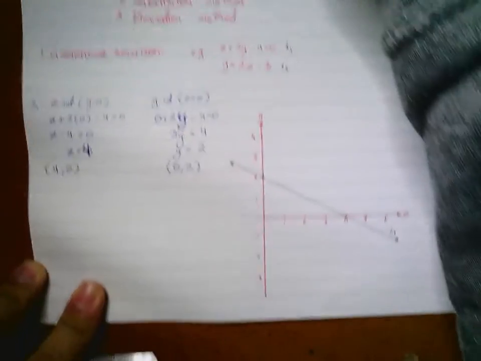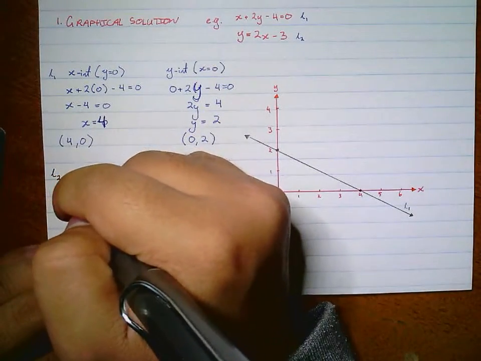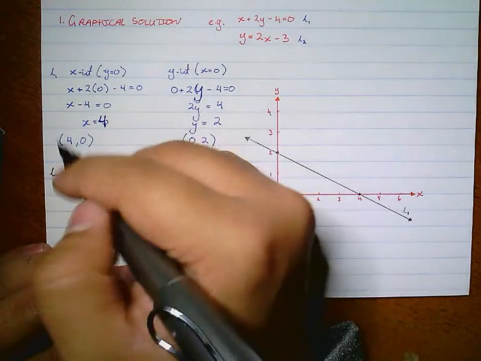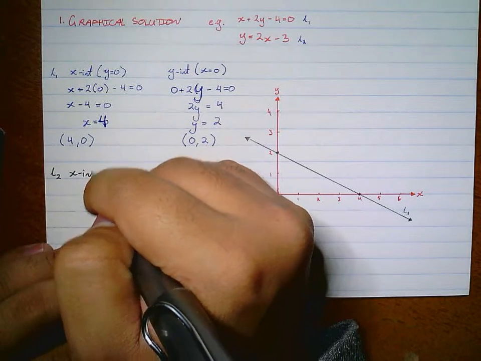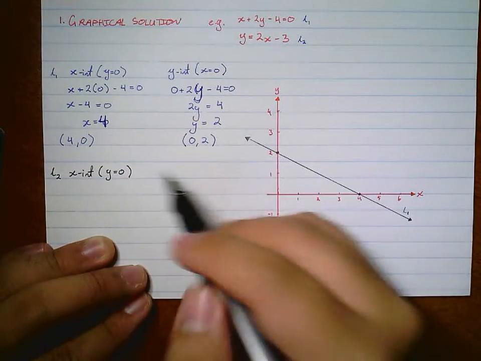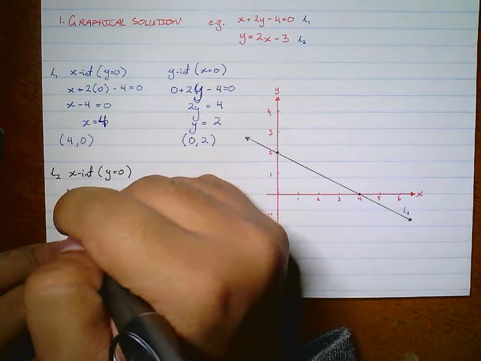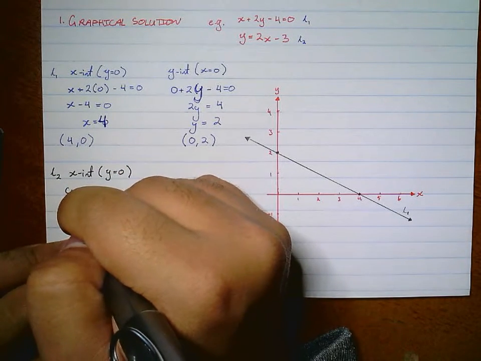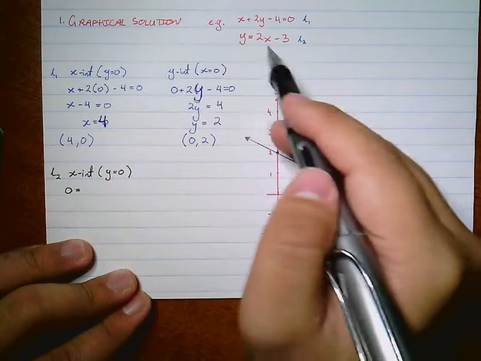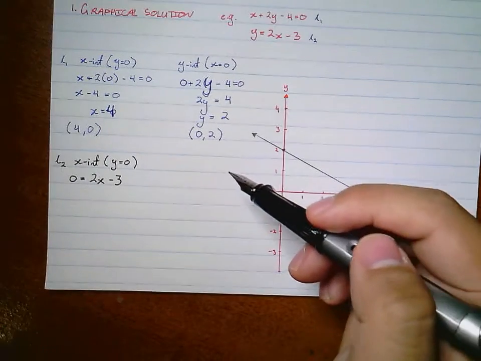Let's move on now to line 2 so we can graph it. Line 2, we're going to be using that equation. Let's once again begin with the x intercept where y is equal to 0. So we're going to solve for x by substituting for y. So we get 0 is equal to 2x minus 3.